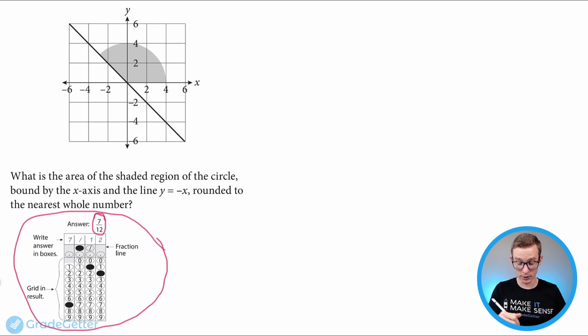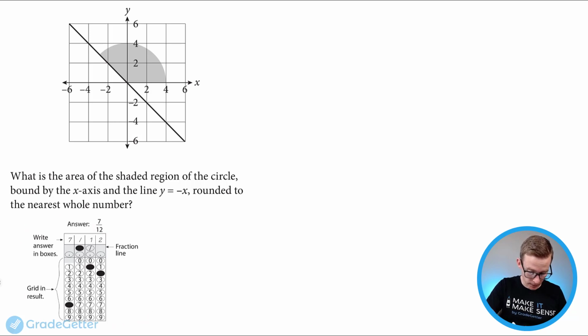That's not necessarily the answer to this problem, but if it was, you would have to bubble it in the way that they did it here, right? They bubbled in a 7, then the division symbol, and then 1, 2 for 12. So you may have multiple choice options, or you may have a bubble option. For this problem, we're going to have to figure it out and then bubble in the answer.